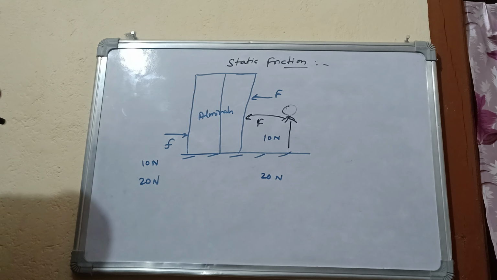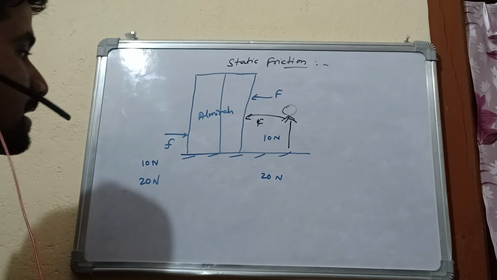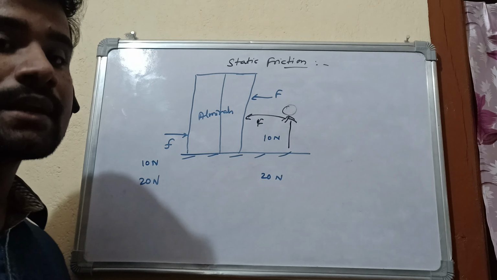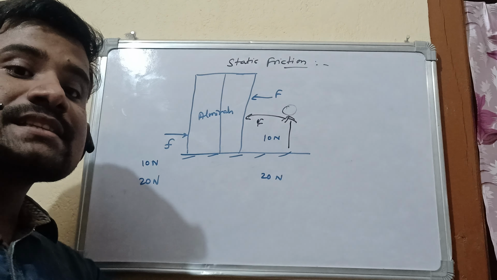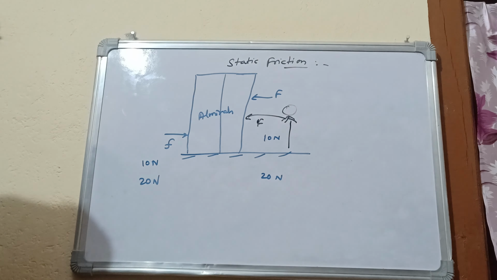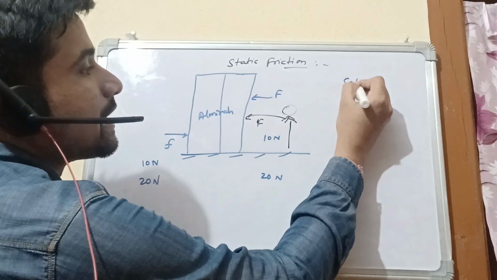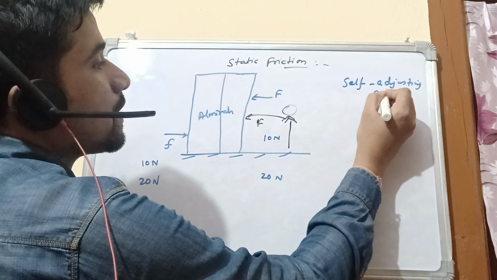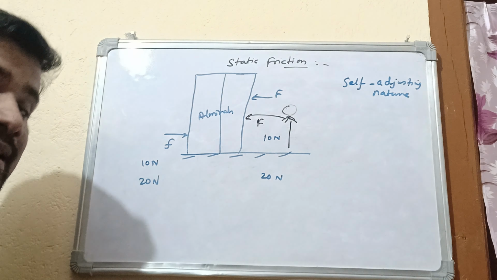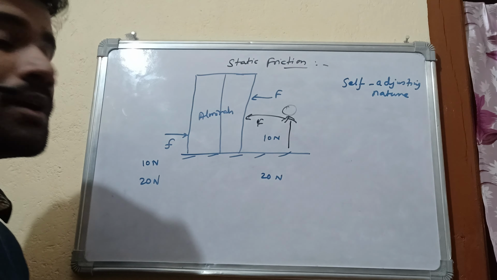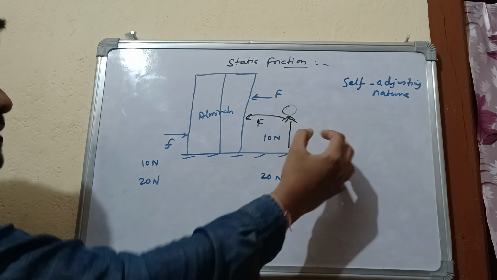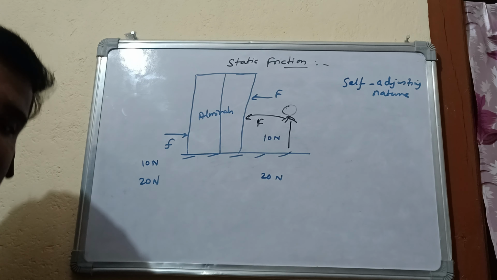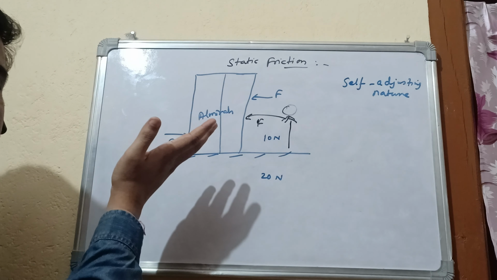Now, one thing is clear here, that the static friction is adjusting itself. Static friction has a self-adjusting nature. It won't stay at its maximum possible magnitude every time. If someone is applying a lesser force, it will stay at that magnitude itself. If the force increases, the static friction magnitude will increase.